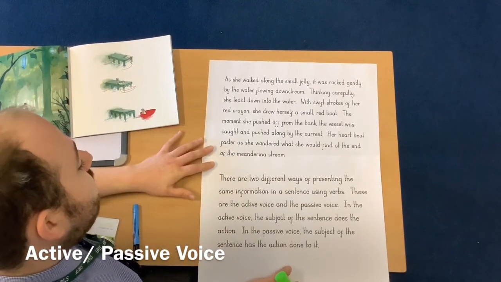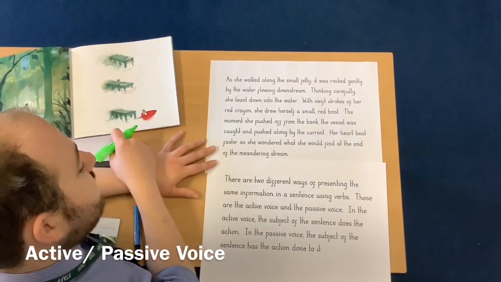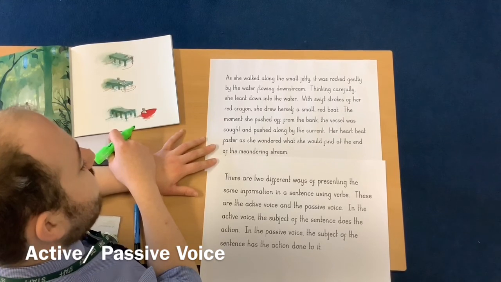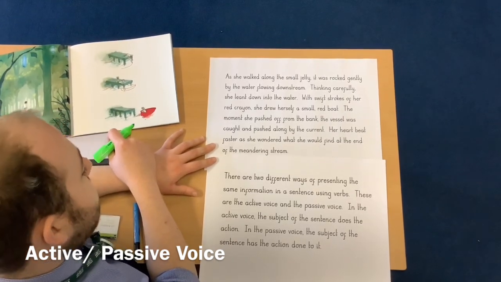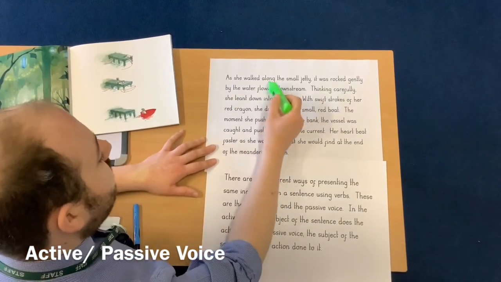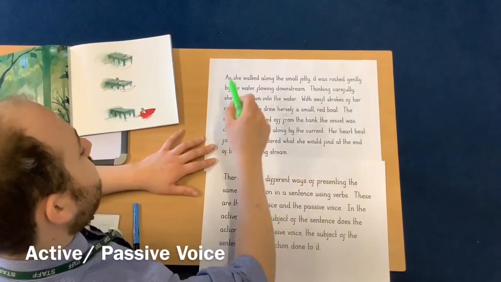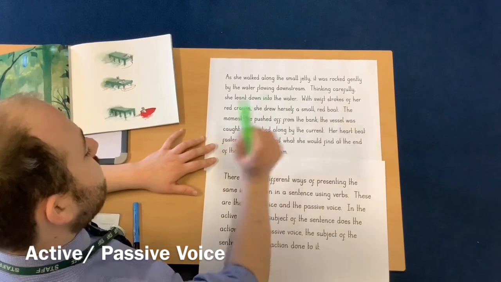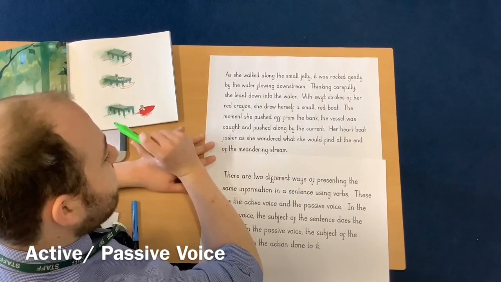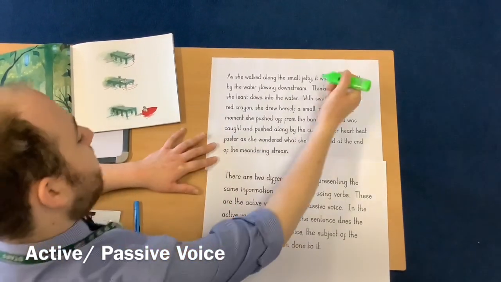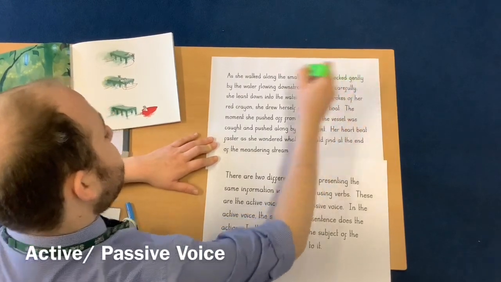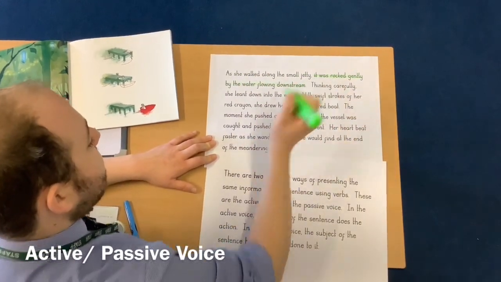As she walked along the small jetty, it was rocked gently by the water flowing downstream. Let's take a look at that sentence. Can you see where the passive might be? That's correct. In this half of the sentence, we can see there's passive.